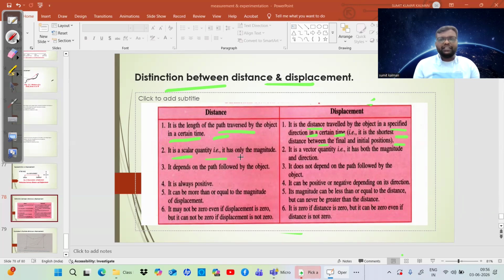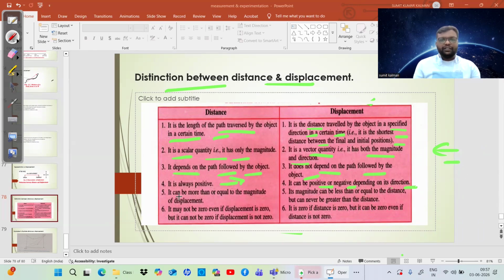Distance is a scalar quantity, it has only magnitude, while displacement is a vector quantity, it has both magnitude and direction. Distance depends on the path followed by the object, while displacement does not depend upon the path followed by the object. Distance is always positive, while displacement can be positive or negative depending on its direction. Students, if you are moving in the opposite direction, then the displacement will be negative.